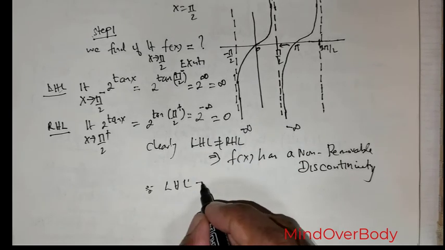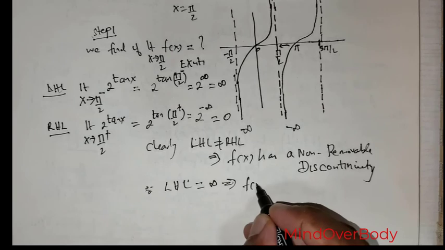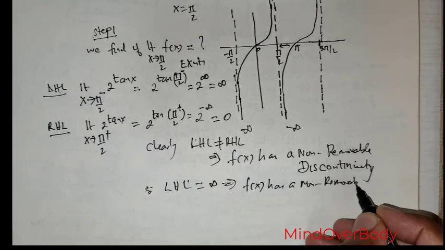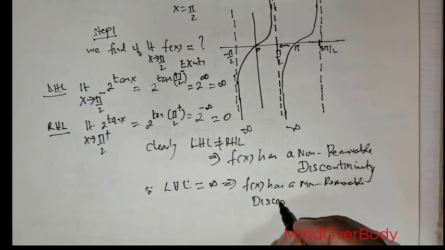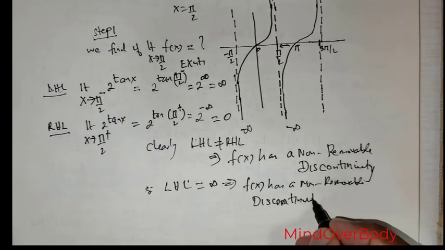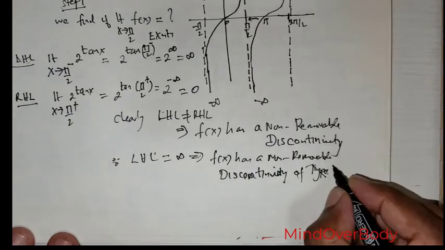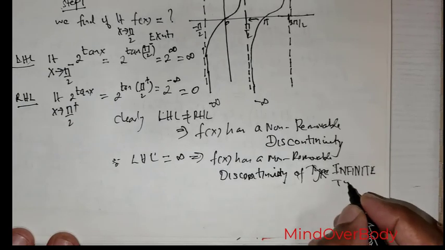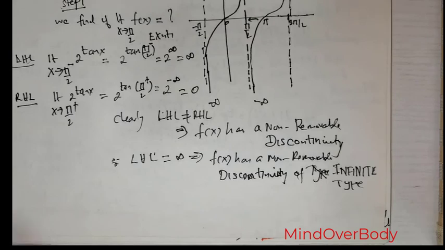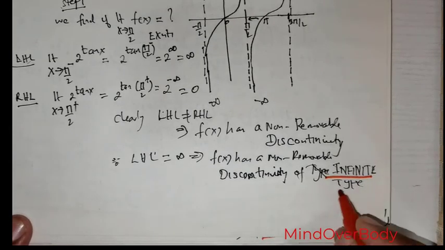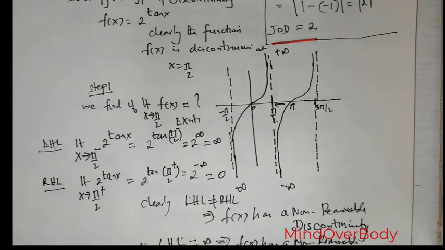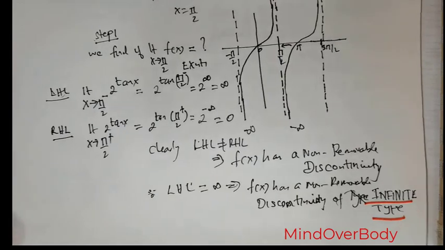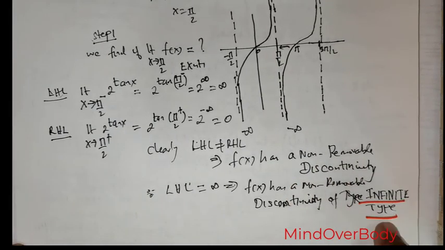Since the left hand limit is equal to infinity, this would mean f of x has a non-removable discontinuity of infinite type. So that's a good place to draw the red lines. This would be the end of this solution. This is a good problem, and it also illustrates the non-removable discontinuity of infinite type.